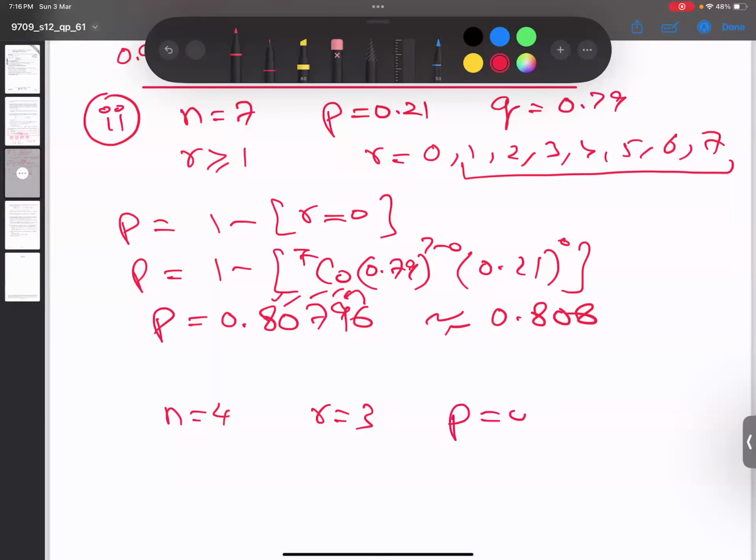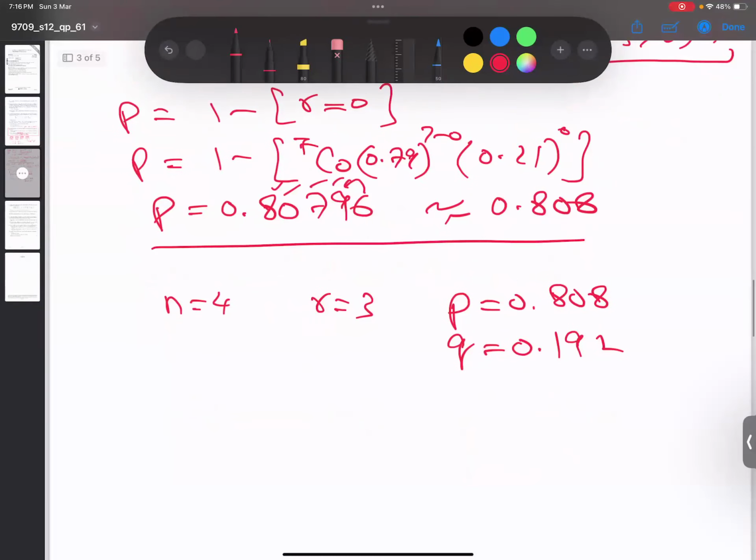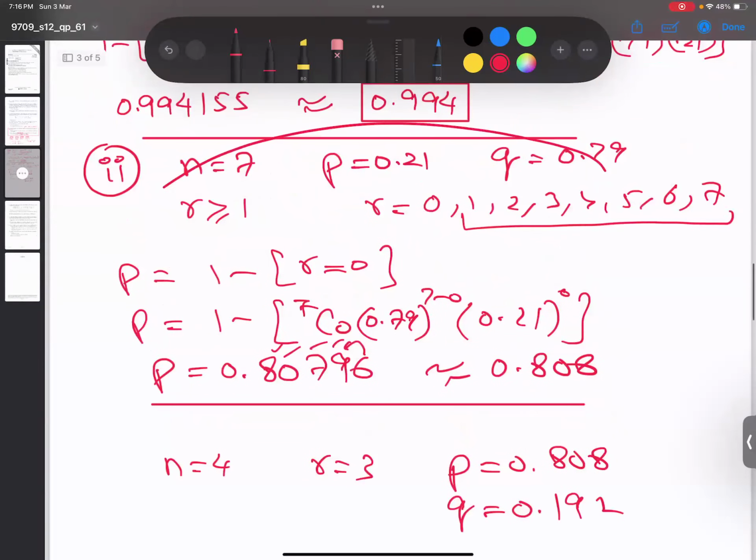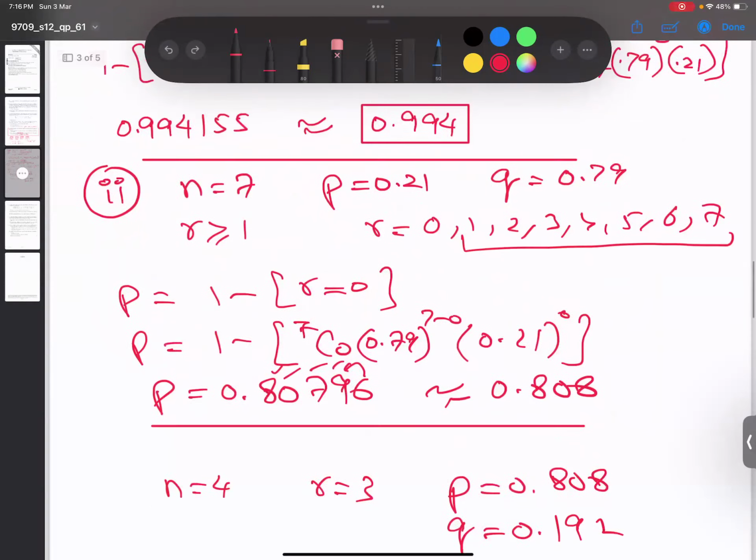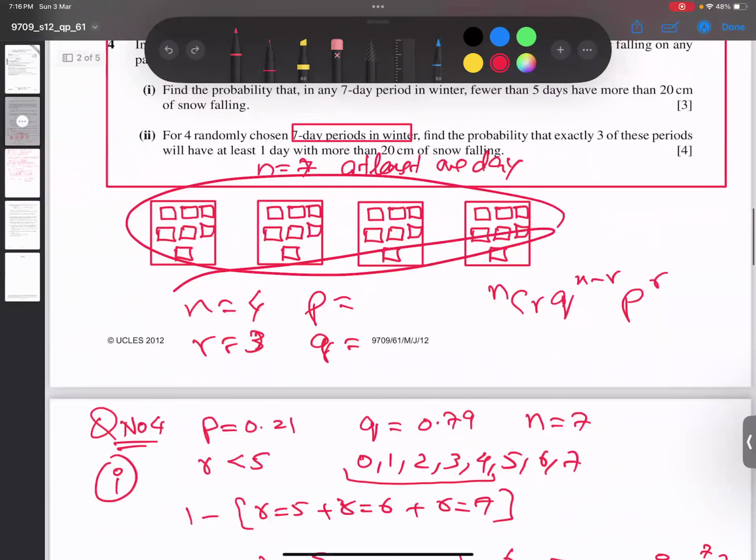Alhamdulillah. I think now you got how I got this p. And this is p, then what is q? Common sense: 1 minus this, 0.192. And now I apply it. The whole working I did was for what reason? To get this p value. Because I said before, there are 4 weeks, correct?